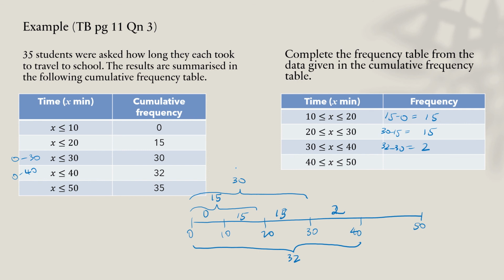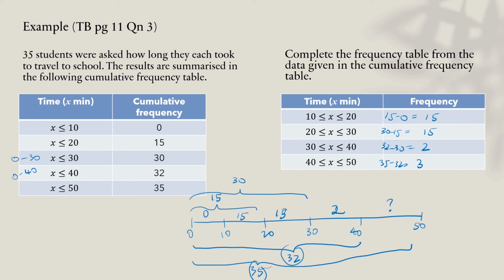Last but not least, we have 0 to 50 as much as 35 students here. So to find this part, from 40 to 50, we'll take 35 minus 32 to give us this value here. Okay. So this is how you fill in a frequency table.